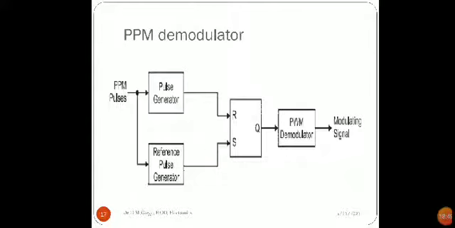The demodulation is again very simple. You have to use a PWM demodulator. It means PPM output is initially converted into PWM using an RS flip-flop, and then it is applied to the PWM demodulator in order to have the PWM demodulated output or to extract the original information signal.